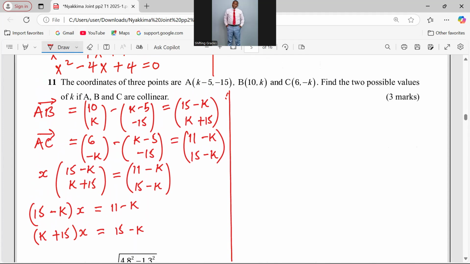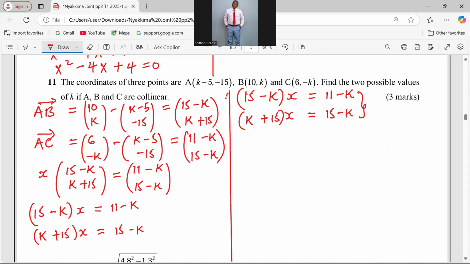If we are to solve this simultaneously, allow me to use the elimination method. The first equation is 15 minus k multiplied by the factor x equal to 11 minus k, and the lower one is k plus 15 multiplied by x to give us 15 minus k.